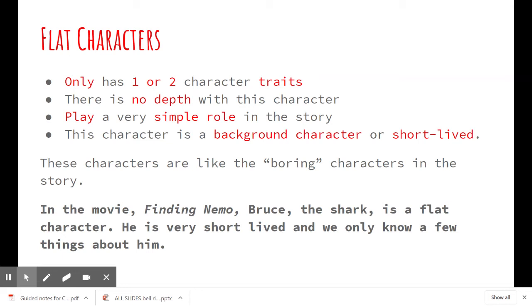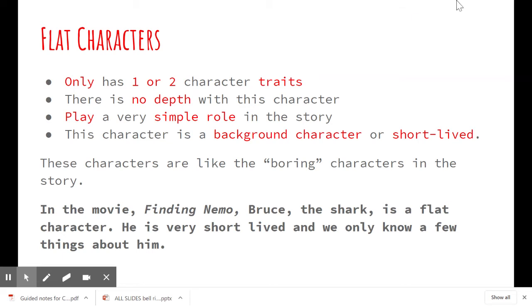Okay, the only purpose for that character was so they would have somebody who had seen these eggs of Nagina's. Okay, so that's the difference between a round and a flat. Okay, round, we know lots about them. Flat, we know very little about them.